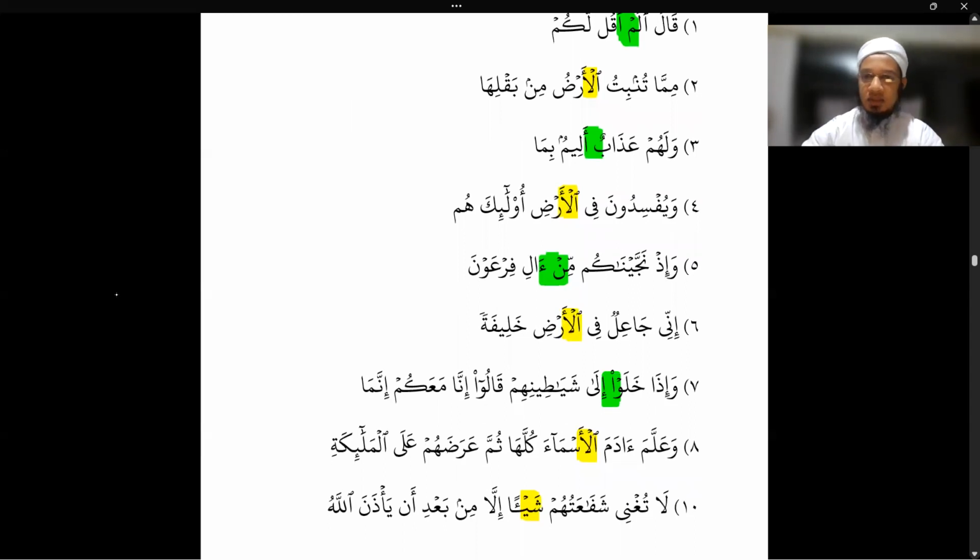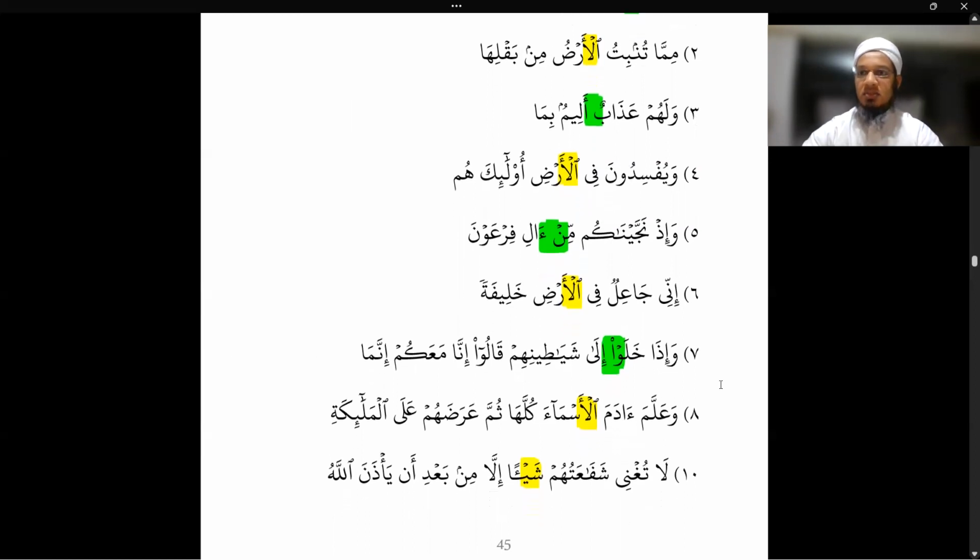Take a note here that the letter of lien is included. The sakta will take place on the letter of lien, but not in the saba'a, in the sughra, not in the letter of mad. So therefore, not highlighting over here, qalu inna ma'akum, there the mad will be made.